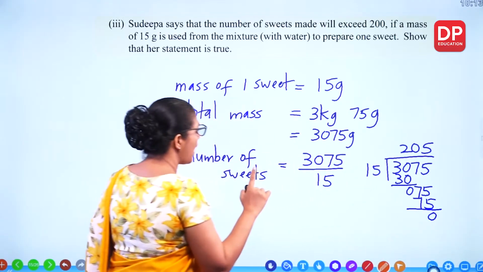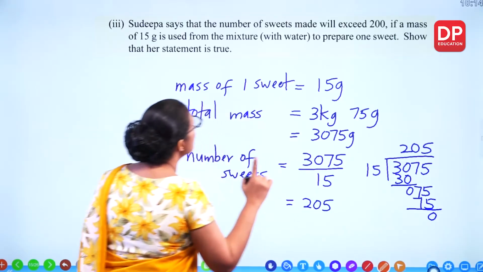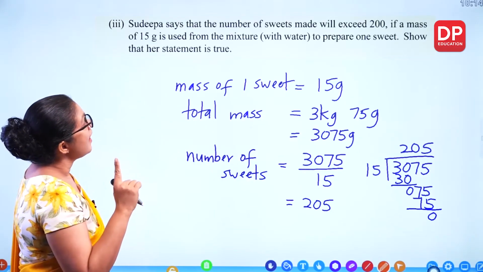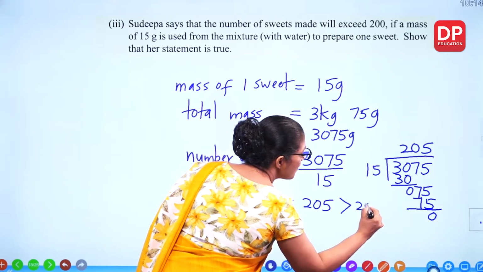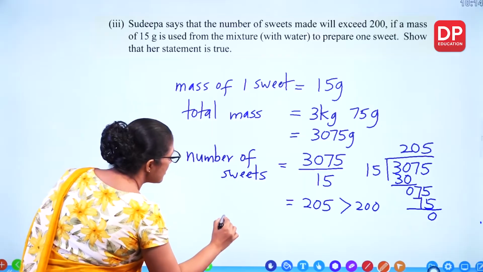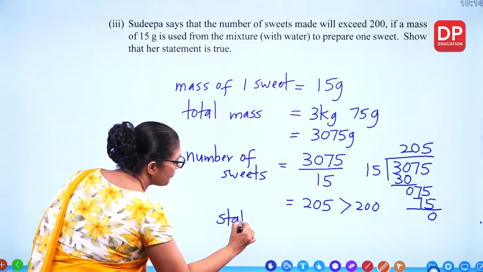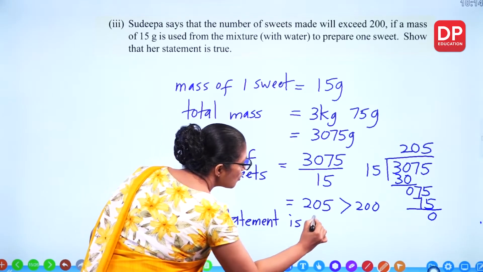So you can make 205 sweets. So it says exceed 200. Yes, this is greater than 200. That means the statement is true.